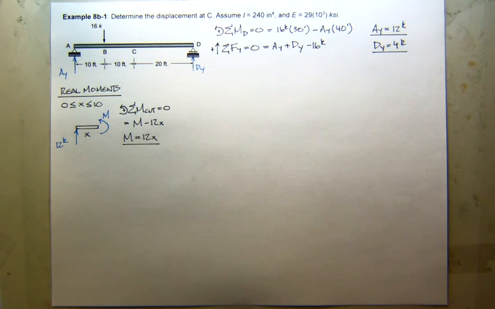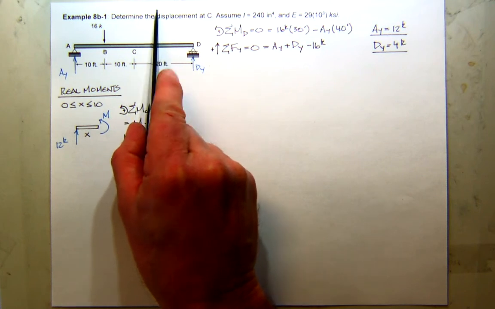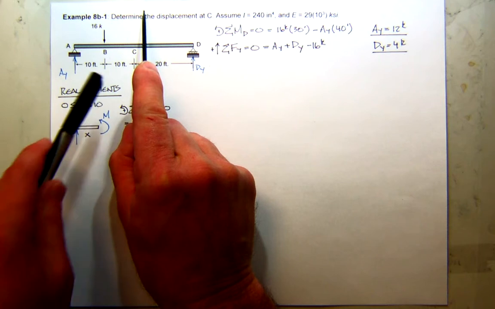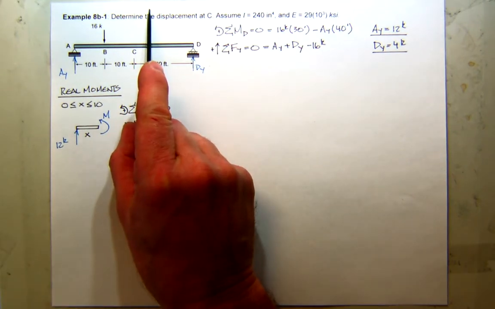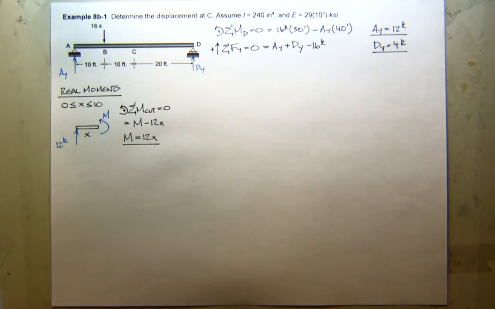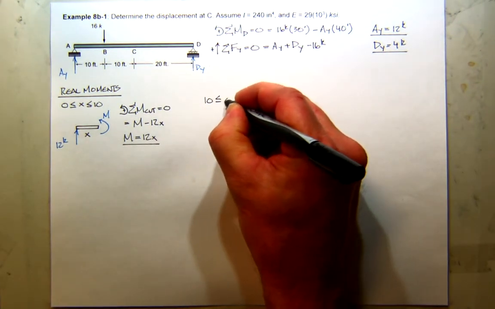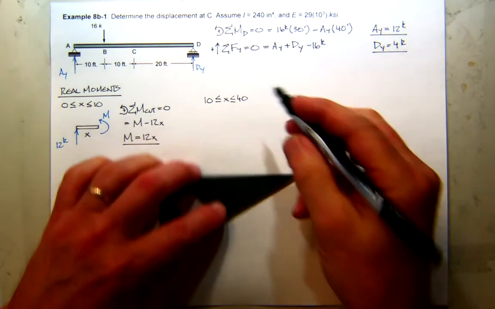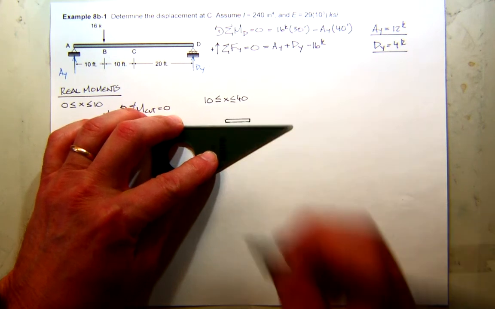Any questions about that? So now we're going to cut the structure somewhere between 10 and 40. If I cut it here, you have to decide whether you want to work the left side or the right side. And I think the right side is going to be easy. So this would be valid from 10 to 40. And in that case, my free body diagram will be the right segment of the beam.